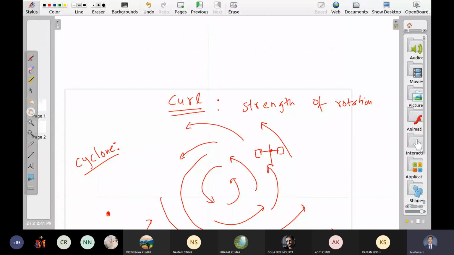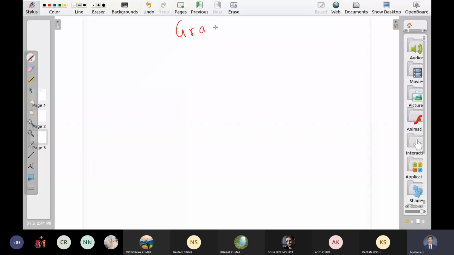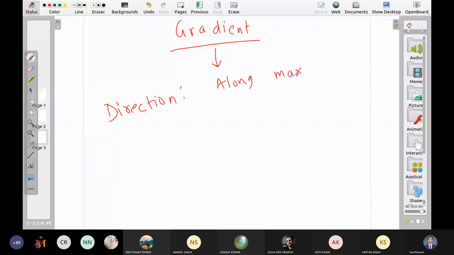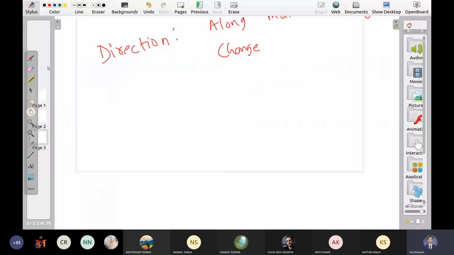Now let us come back to the gradient. What is the direction? Along maximum rate of change, right? Let us say I have this function.